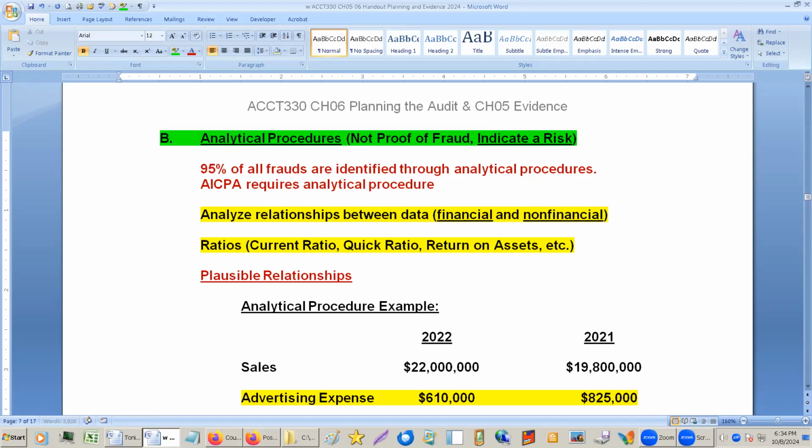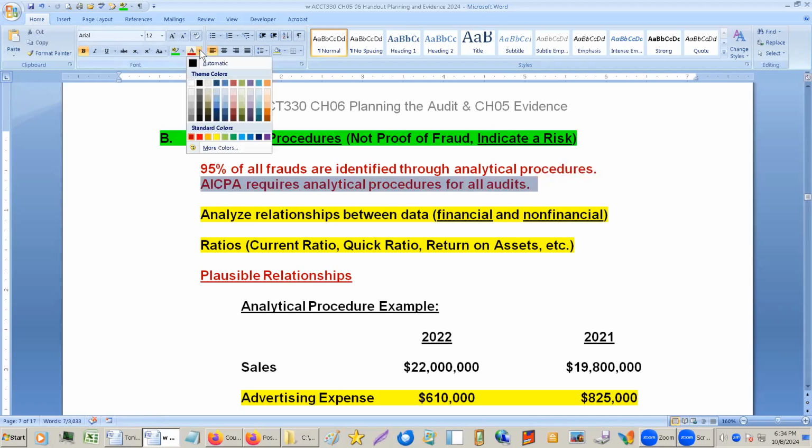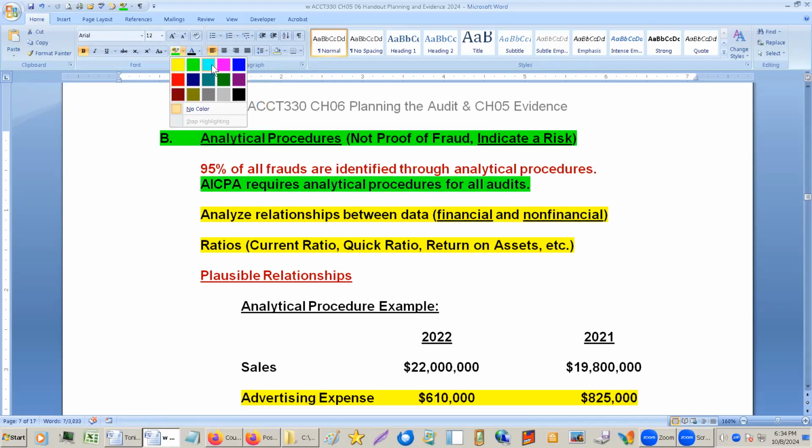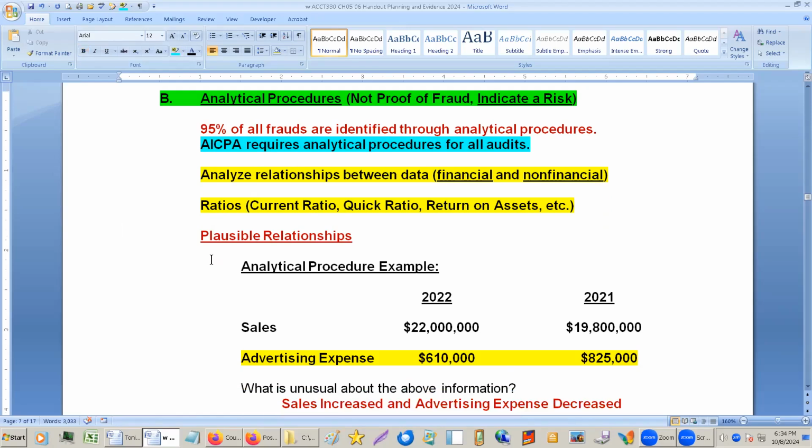There's not too many things that they require for all audits. So the AICPA requires it. Every single audit has to have analytical procedures, because they're so effective.